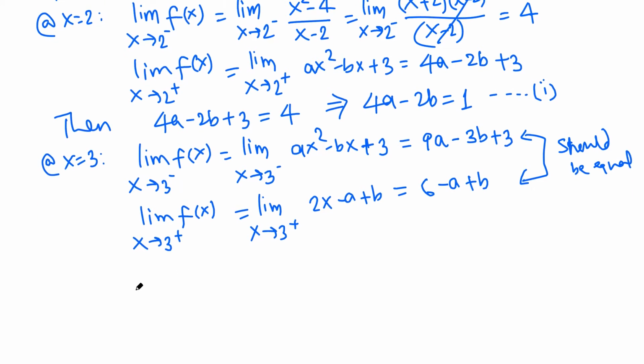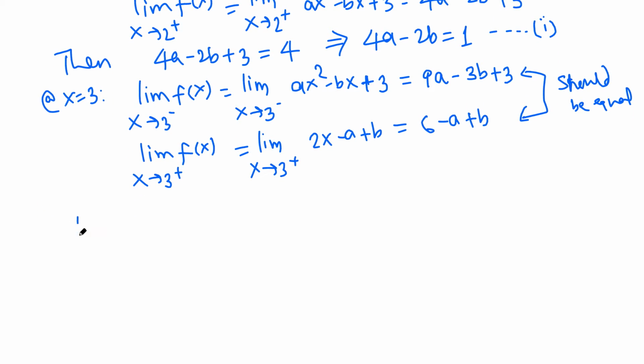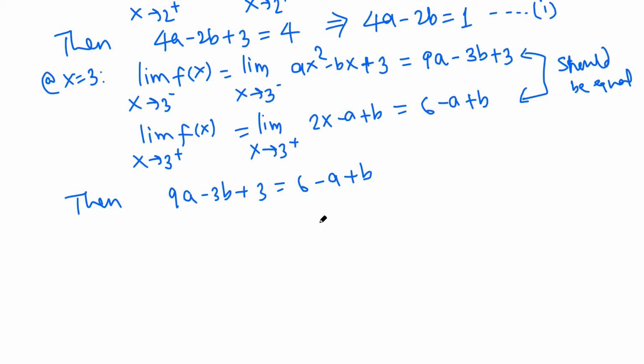Okay, that means 9a minus 3b plus 3 is 6 minus a plus b. Let me write a nice equation. I want to bring a to the left side, so add a, subtract b, and subtract 3 to move the number over.